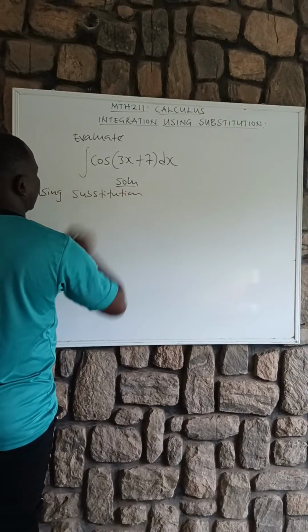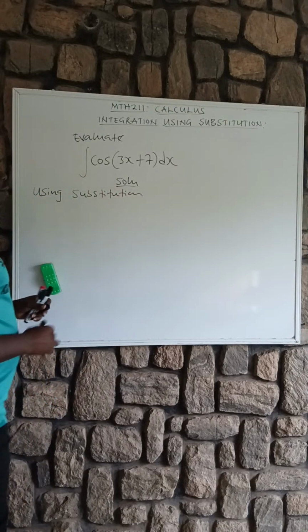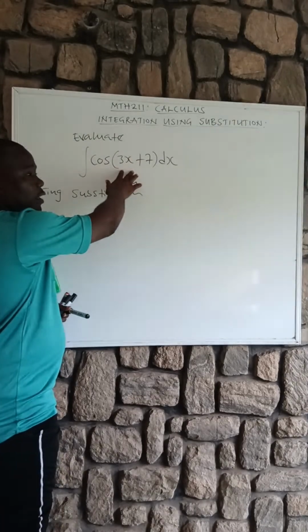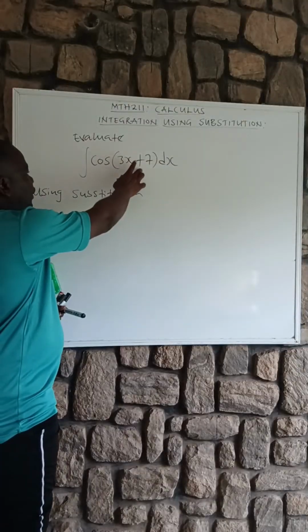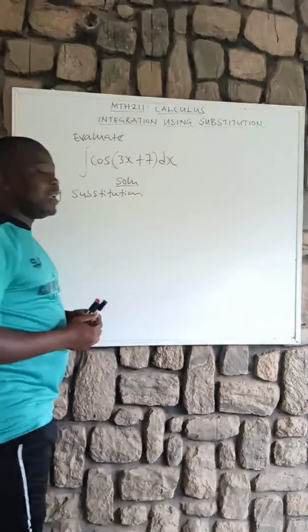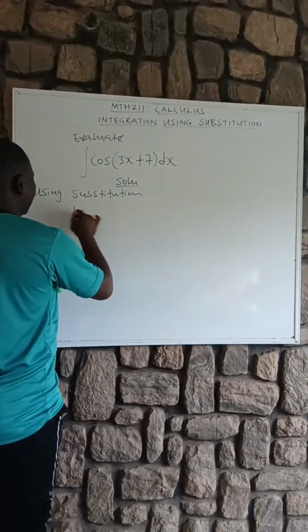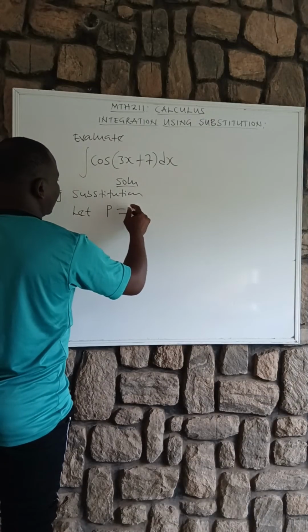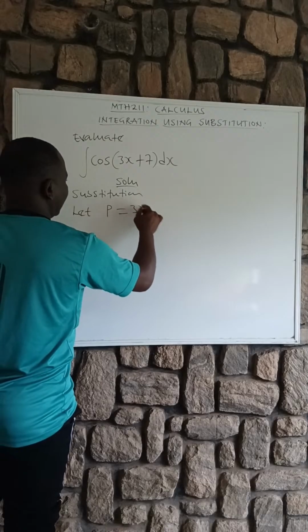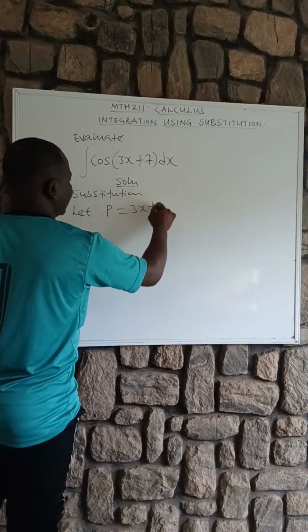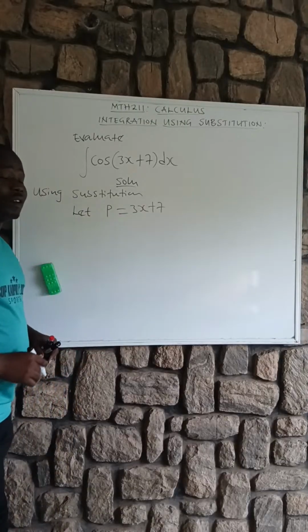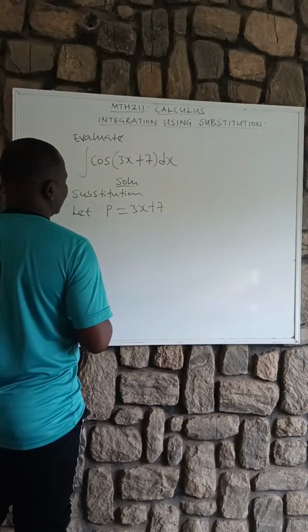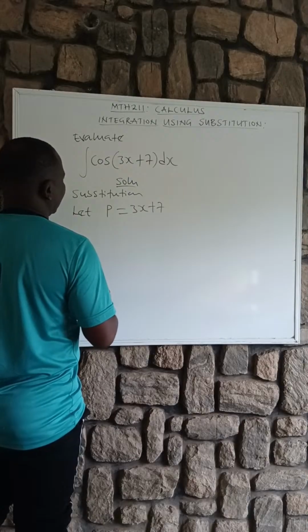So for us to integrate this function, we are going to say let P be equal to 3x + 7. True or false?